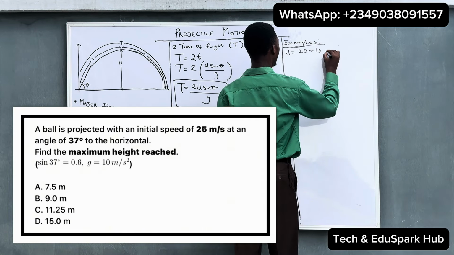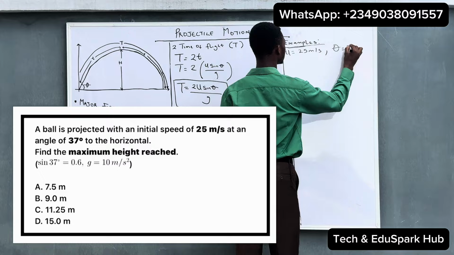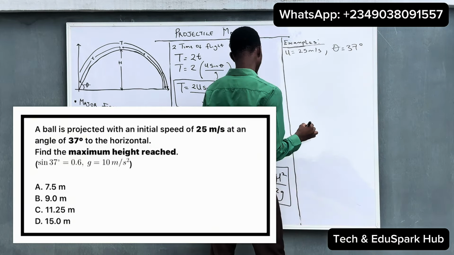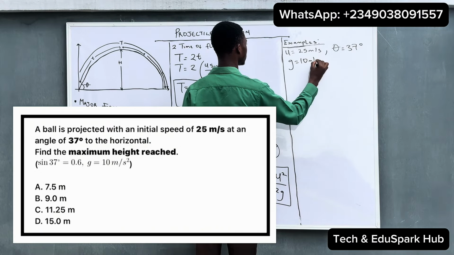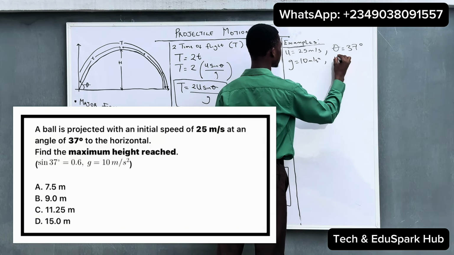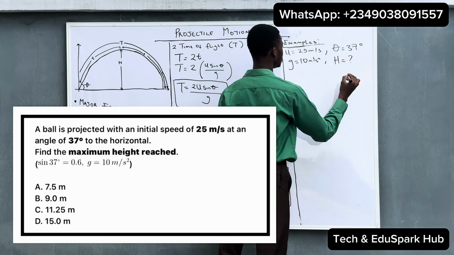And we're also given our angle, which is theta, to be equal to 37 degrees. And we're given our gravity to be equal to 10 meters per second squared. And the question is asking us to calculate our h, which is the maximum height reached.